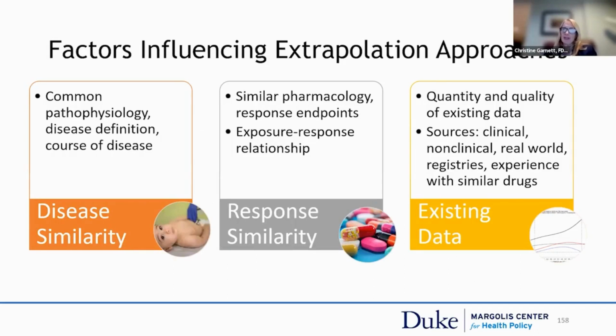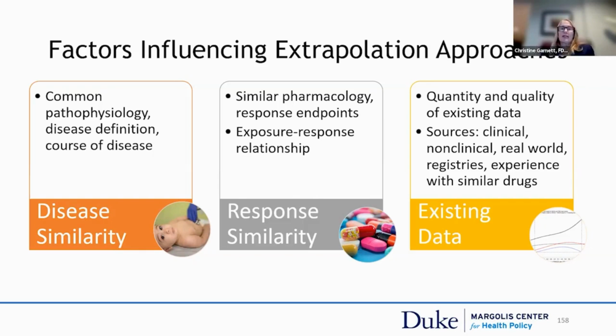So the factors that influence extrapolation will depend on evidence-based assumptions on the similarity between the adult and the pediatrics for the disease, as well as its response to treatment. So the first is evidence for disease similarity. This would include factors such as common pathophysiology, common disease definitions, as well as the course of disease.